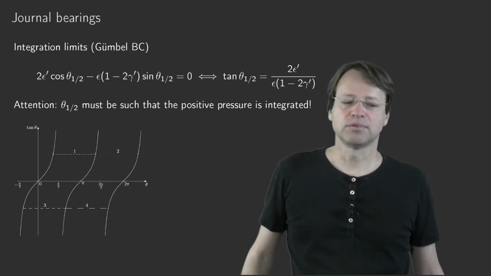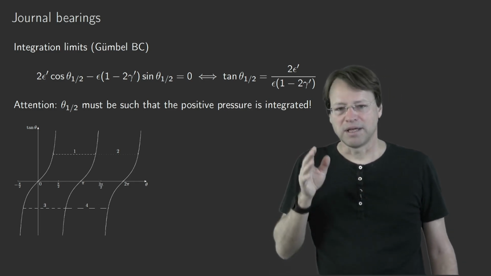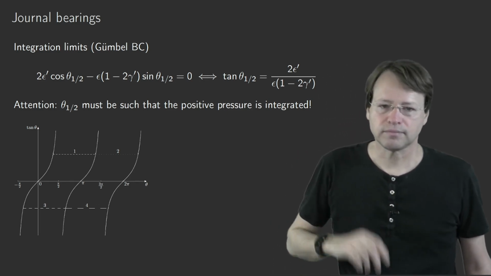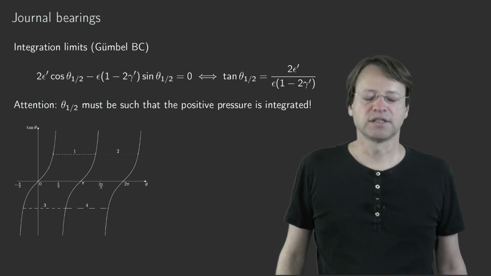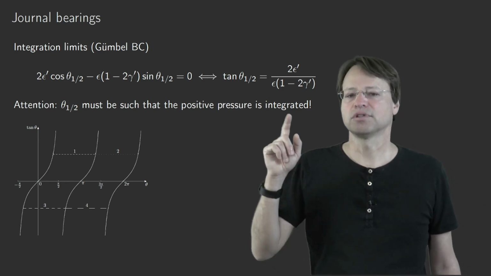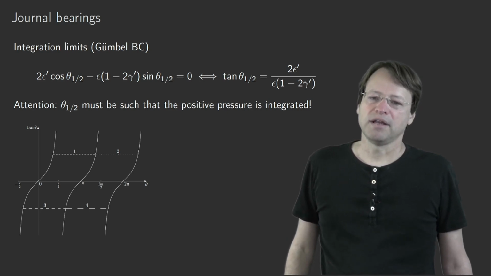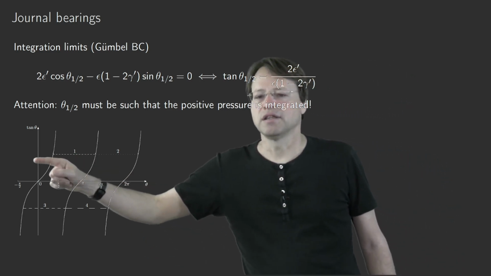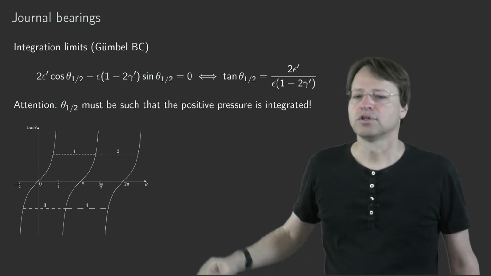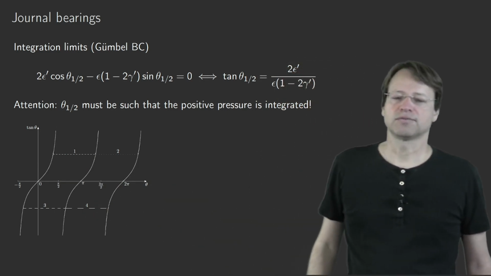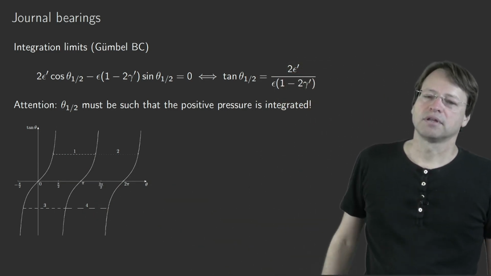You see some nice numbers. So we will make a distinction between several cases, and then we find out where the positive pressure hill is. So the first distinction we make is whether we are here in the positive range of tangent values or in the negative values of tangent values. Let's start with the first case.